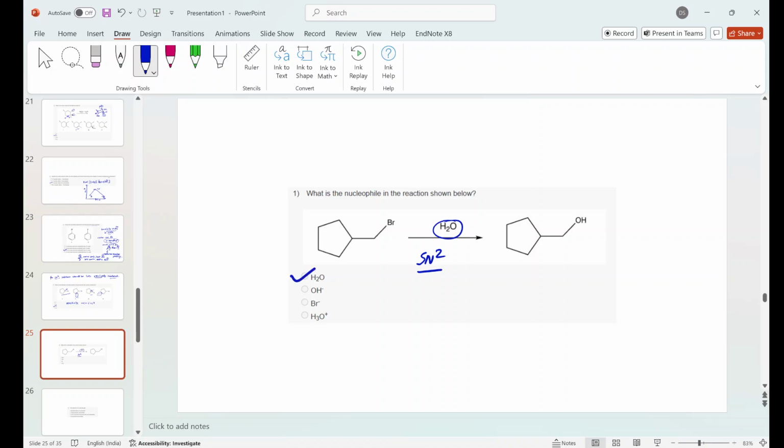So the nucleophile will be water. In the first step, it will come and remove this one, giving OH2 plus. Then again water will come, but as a base.